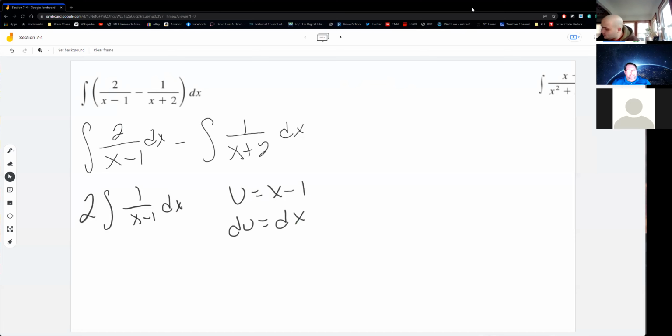Because the 1's going to disappear completely, and the x is going to become a 1. So this is just 2, 1 over u du, which is 2 ln, and then I'll substitute back in so I don't have to worry, plus 6.